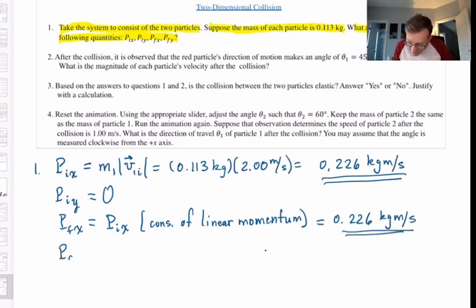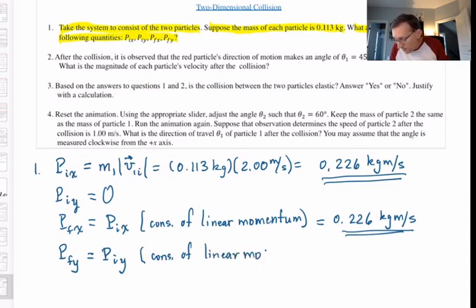Similarly, P final y component must equal P initial y component. Again, conservation of linear momentum. So the final y momentum equals the initial y momentum, but the initial y momentum was 0. So the final y momentum is 0.